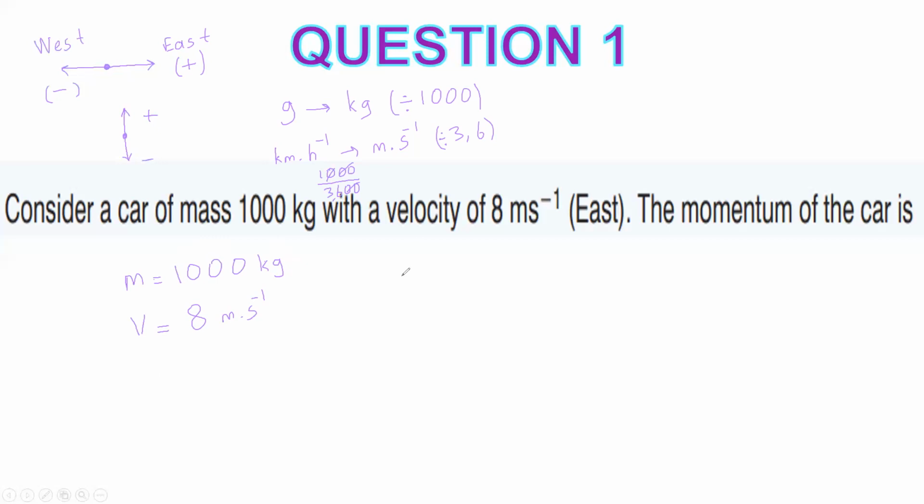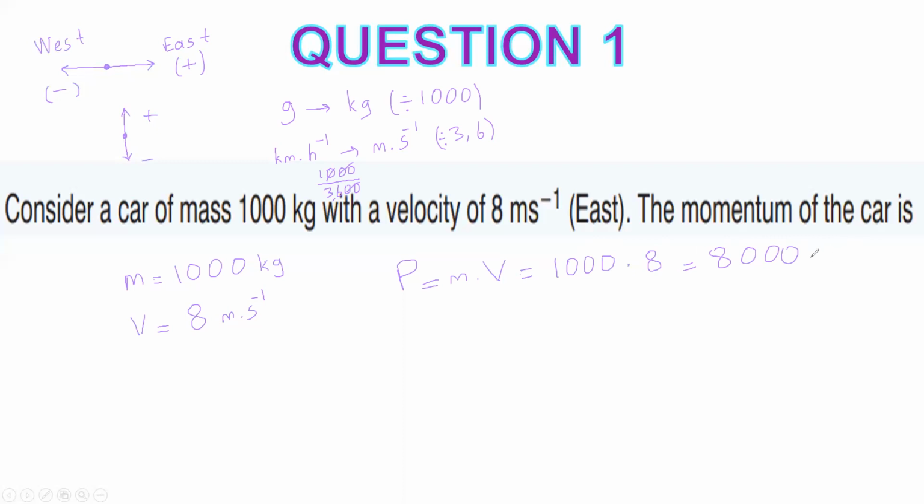We are looking for momentum. Momentum equals m times v. M is 1000 times 8. You get 8000. As you see, your answer is positive.